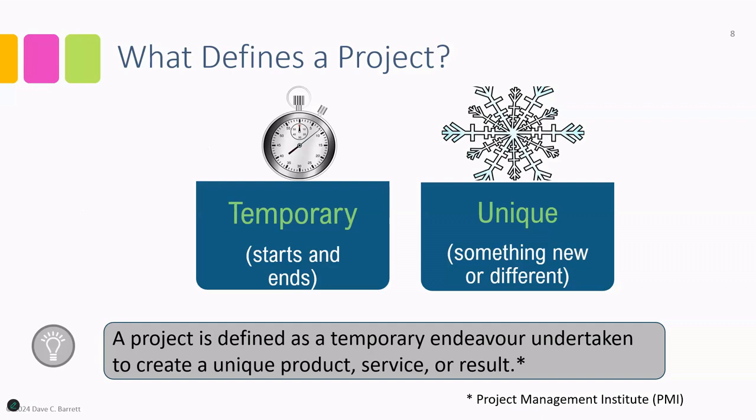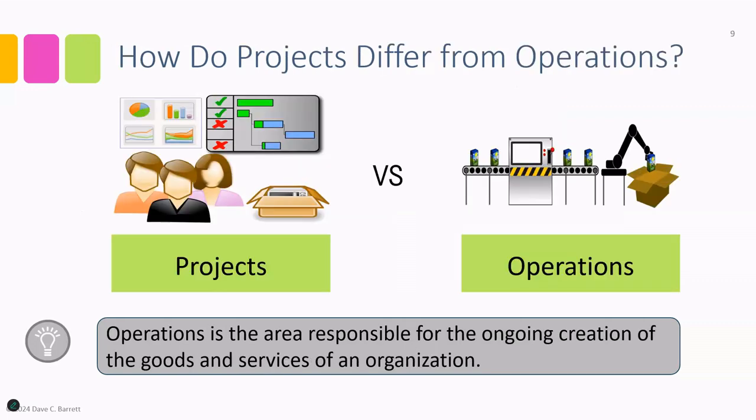Now, what other type of work do organizations do? Well, there are two main types. There are projects that we just defined as being temporary and unique, and the rest of the work that an organization may do may be grouped into what is termed the operations of the organization.